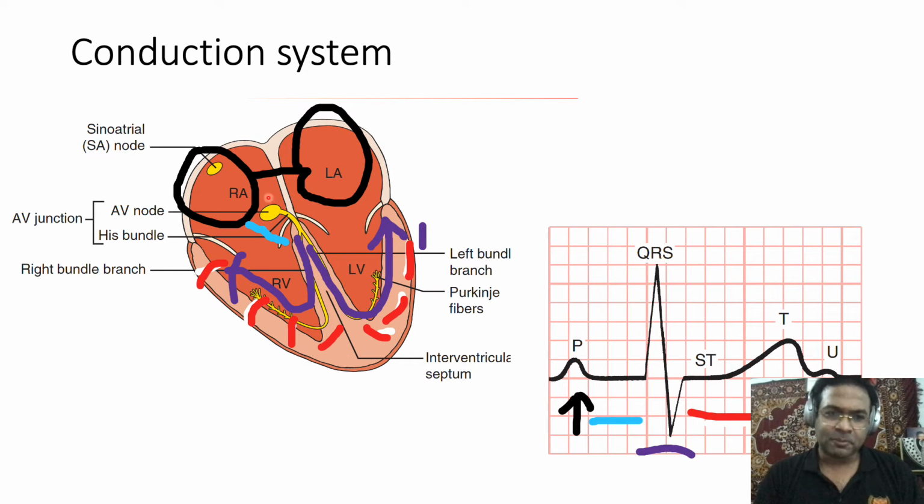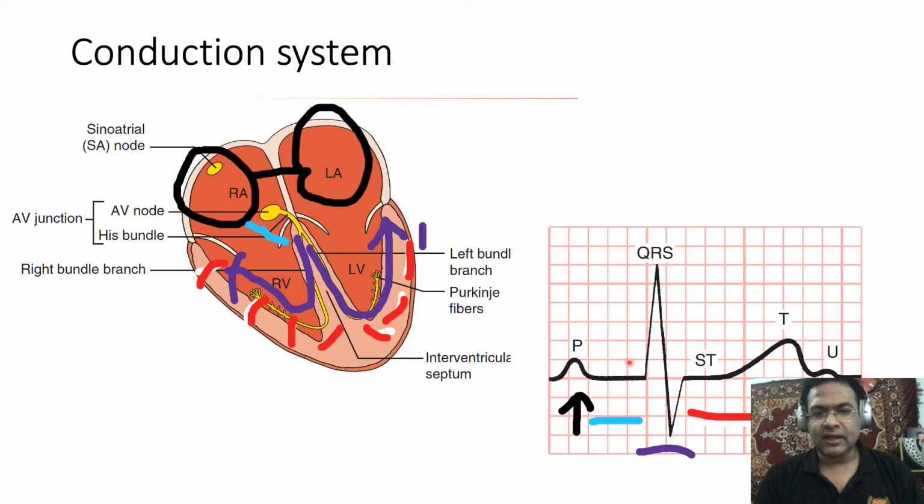Therefore, the depolarization of the right atrium and the left atrium, the atrial structure, is represented on the ECG as the P wave. The traveling of impulses right from the SA node till the ventricle is represented by this light blue or sky blue line, which is actually the PR segment.